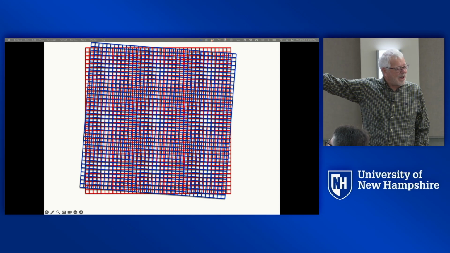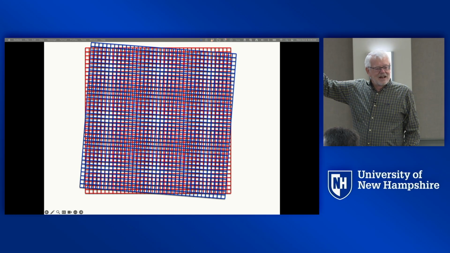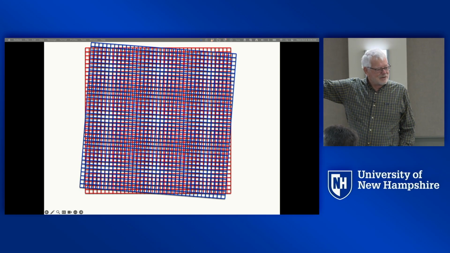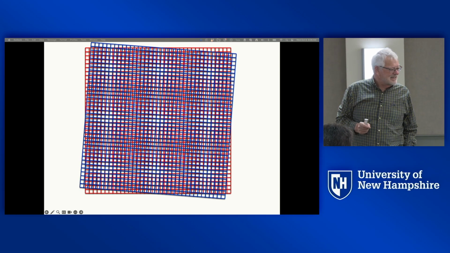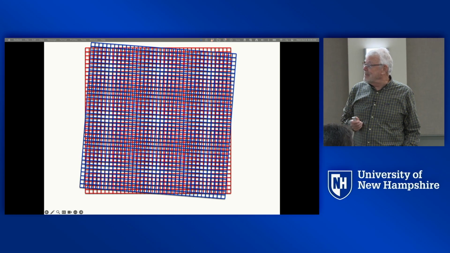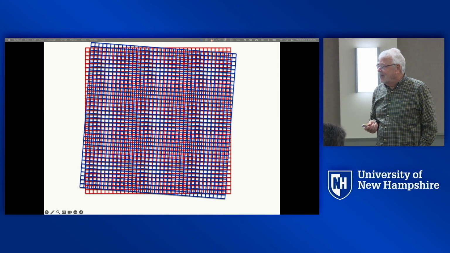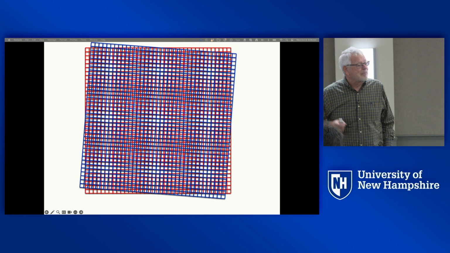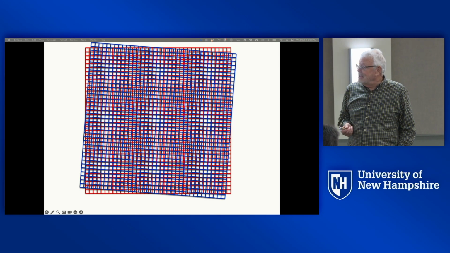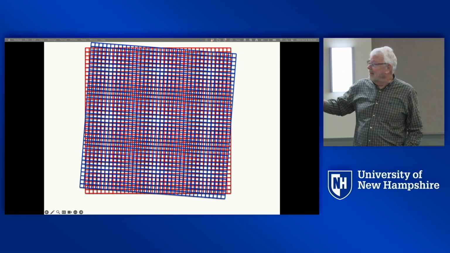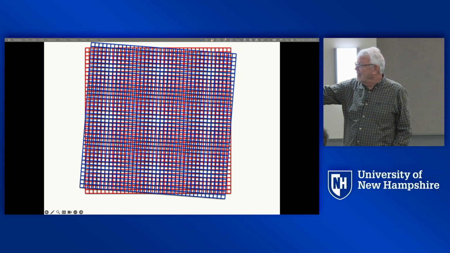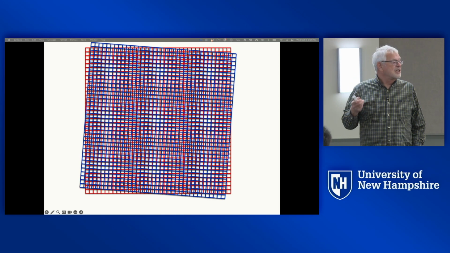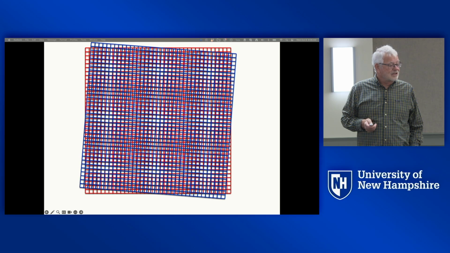So there you have a blue 2D crystal, a 2D crystal square lattice marked by blue links, and another one that's rotated but has the same lattice constant marked by red links. And you can see with your eye that there is a long period structure in which the stacking between the two layers slowly varies.